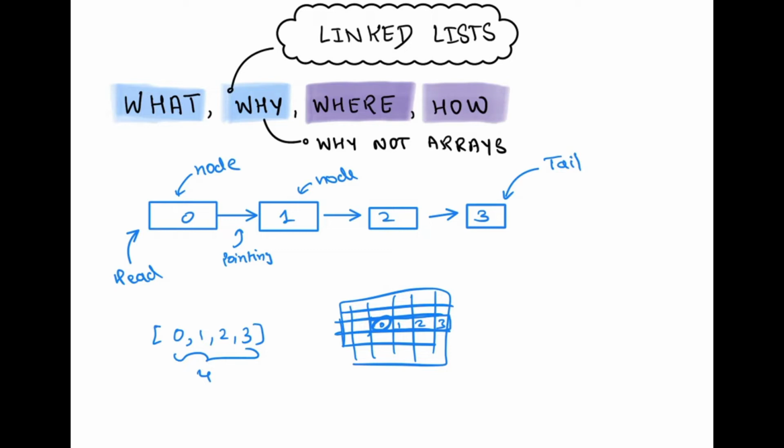whereas in a linked list, on the memory grid, 0 could have been here, 1 could have been here, 2 could have been here, 3 could have been here, and each of them has a unique and a very random location assigned to them, and each of them has a reference of where the next element is, so it can basically point to the next element. These are like friends who have the contact and location of other friends where they live on the memory, and they can direct you: for the next friend, you go there.